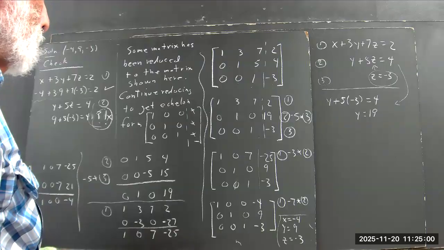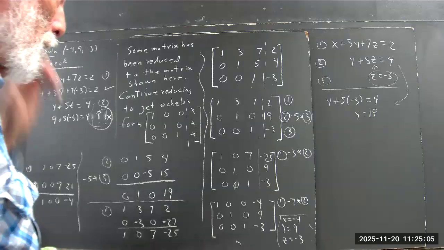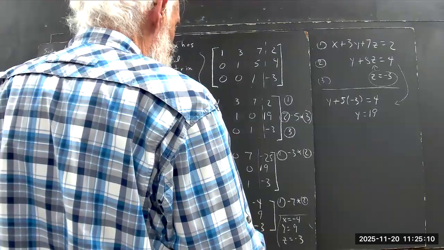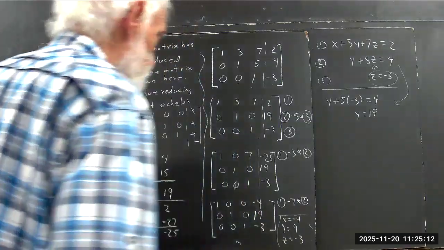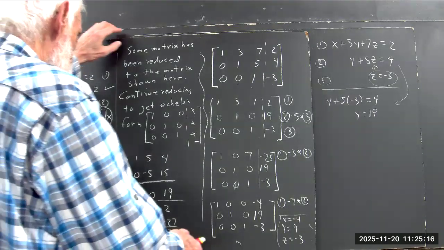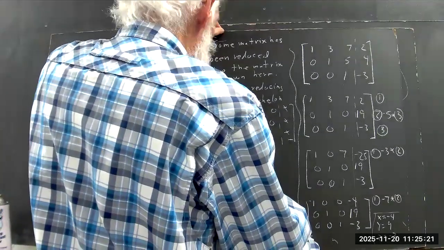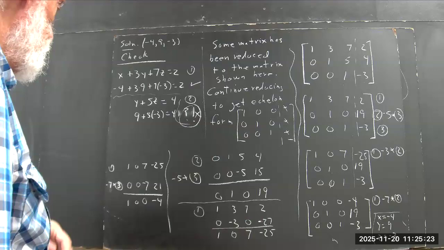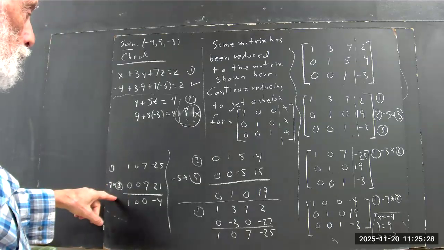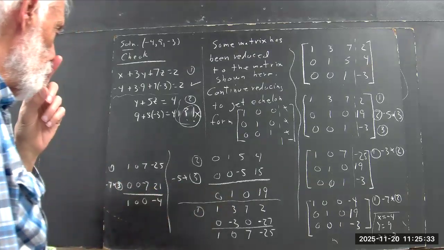Now, how we managed to get the right solution up here, well, I can kind of see how that happened. Okay, so we had 19 here, and we would have had 19 here. And then when we finally did -7 times row 3, it would have been, what's our row 2?